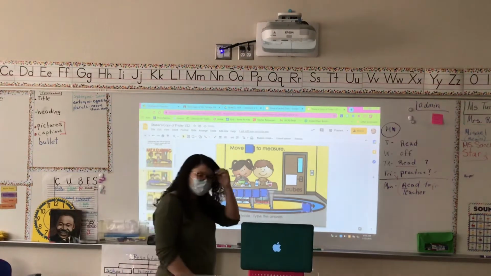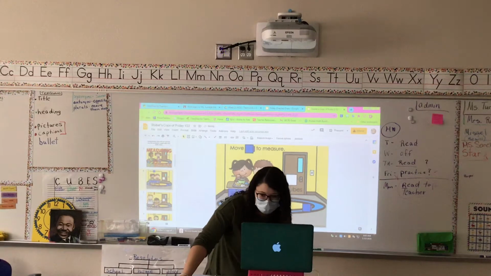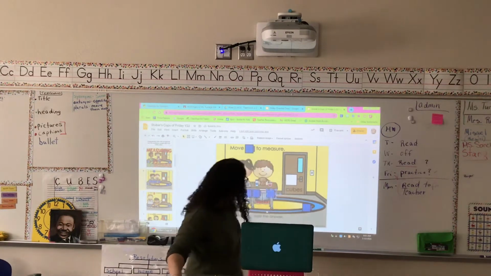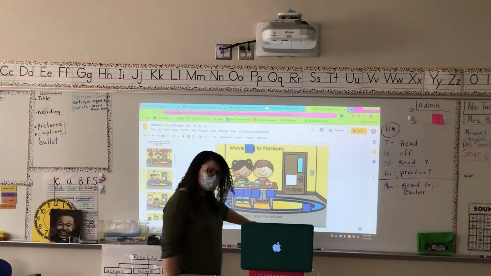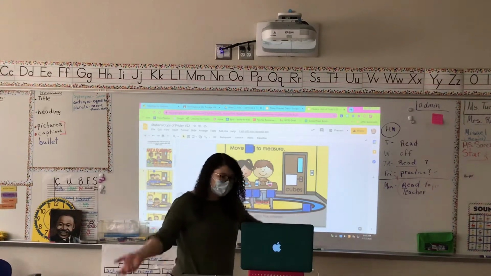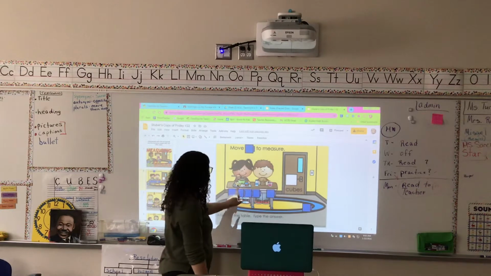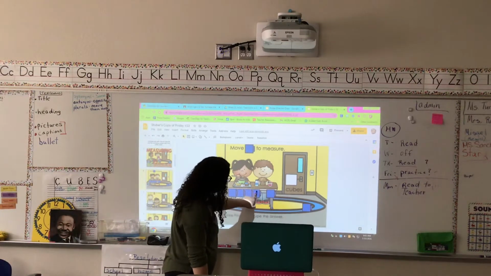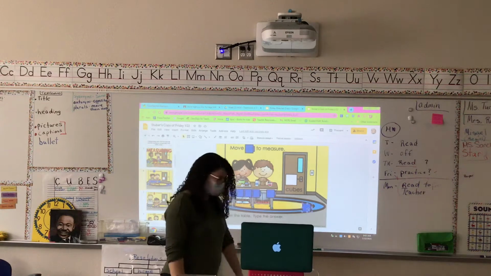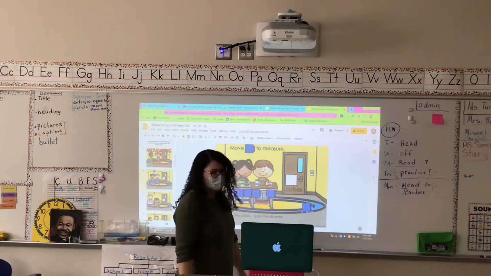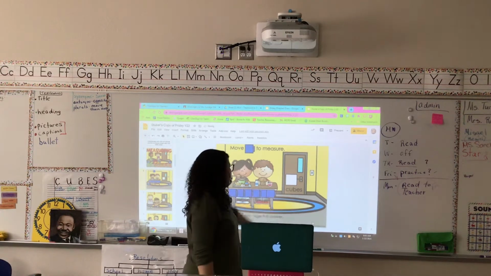Good job, you guys guessed correctly for the most part. Like that, I just moved that one. See how Miss Stuber removed this cube? We wouldn't be able to get the right measurement because we'd have 1, 2, 3, 4, and then a missing cube. So then we would say 5, and that wouldn't be right because we have a whole gap missing. And our rulers don't read that way either.